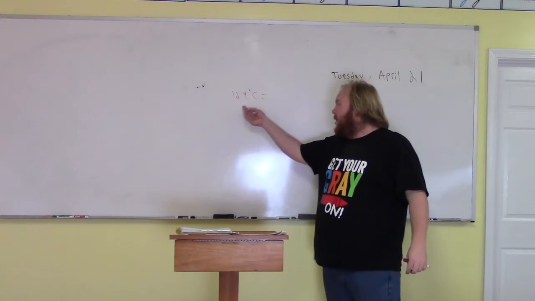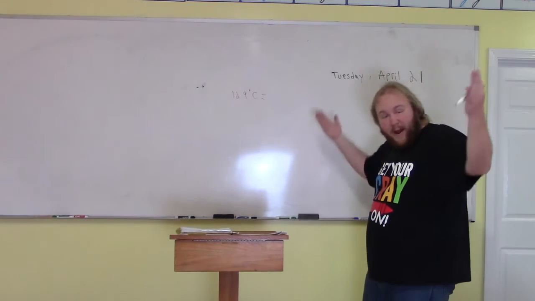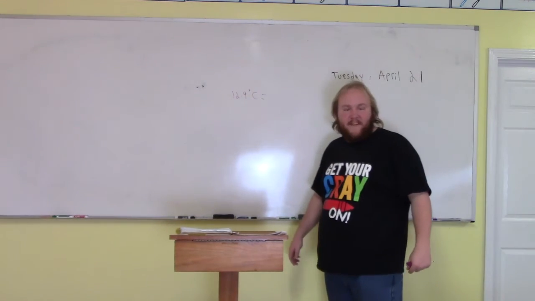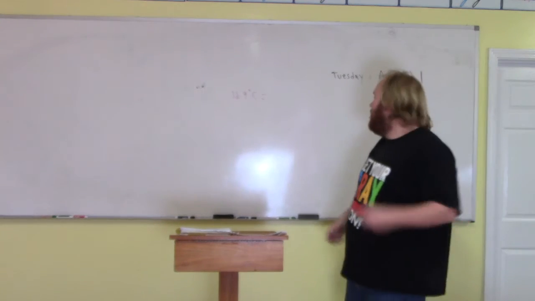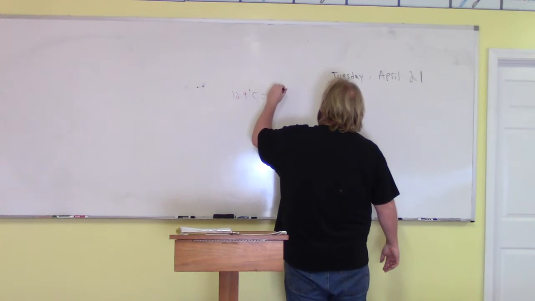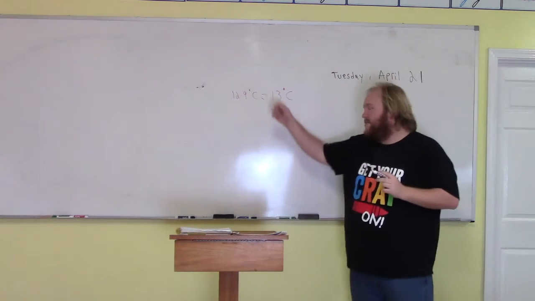So 0.9, are we going to round it down to 12 or are we going to round up to 13? That's right. Our rounding rule states that if a number is greater than or equal to 5, which 9 is greater than 5, you round up. So it becomes, that's right, Lucy, 13 degrees Celsius. Because we're using Celsius for this one.